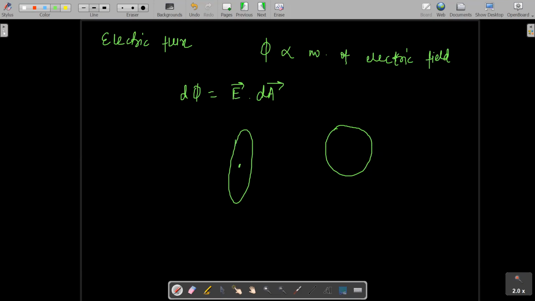And here we are saying that a uniform magnetic field is passing, crossing this area. Let us say this field is of magnitude E. Actually, first of all I am explaining a bit of electric flux, then we'll move to magnetic flux.